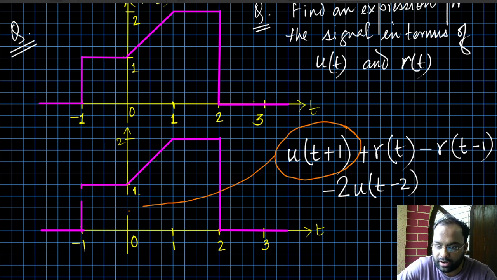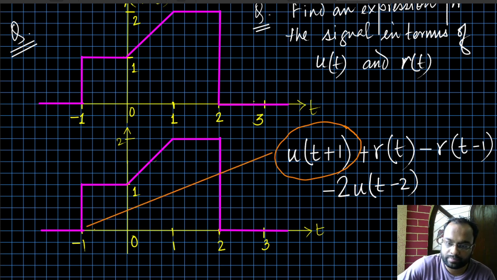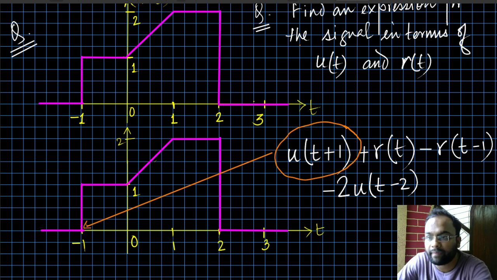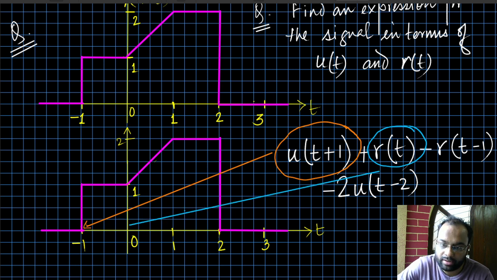So again, we have something happening at t equal to 0, right? Similarly, we have r(t), which is a ramp that happens at t equal to 0. So of course we had something that happened at t equal to 0, right?